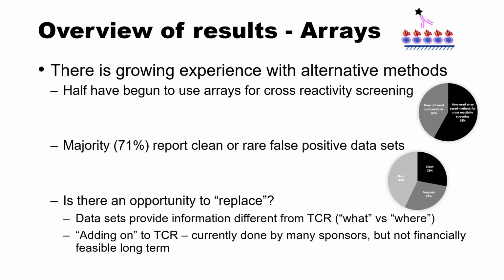The question posed in discussion with some of these sponsors is if there is an opportunity to replace the tissue cross-reactivity study with these new technologies. It was noted that, as I pointed out earlier, the data sets provide information different from what is generated from the TCR, which is the what within the arrays versus the where with the tissue cross.